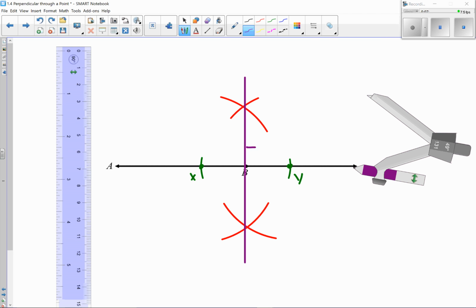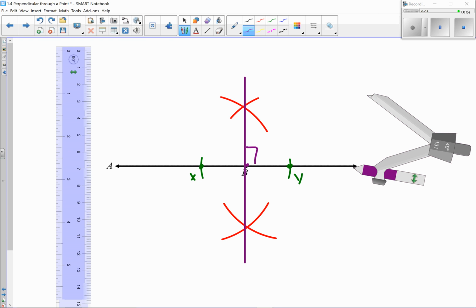Once again, I now know that this is a right angle because I made a perpendicular bisector of XY. So I now have that newly formed line segment being perpendicular to line A and running through point B as previously asked.